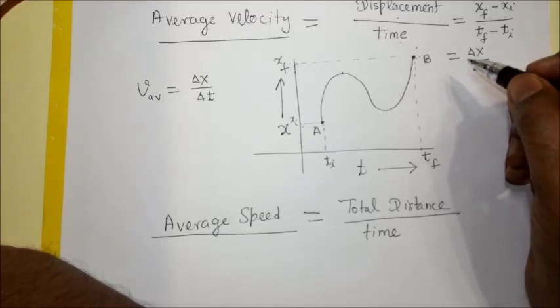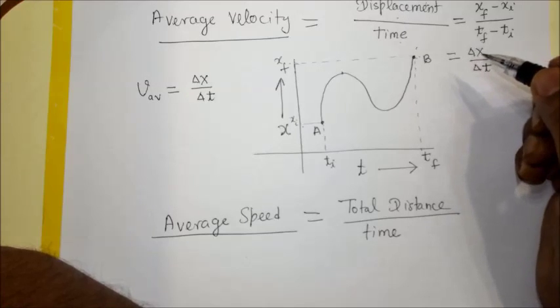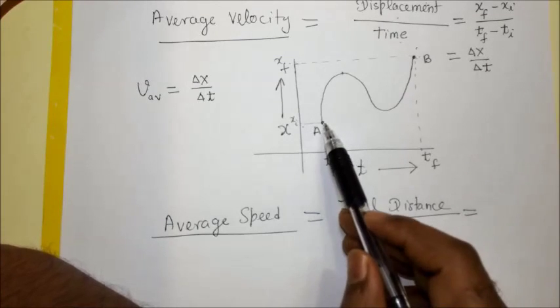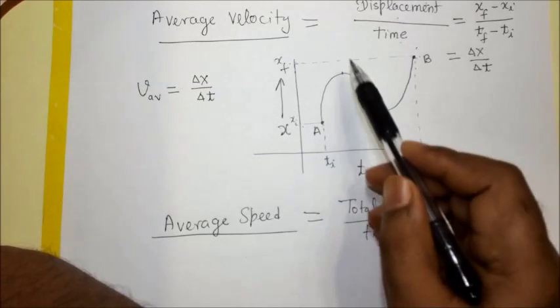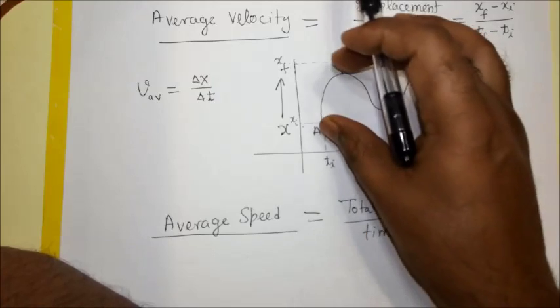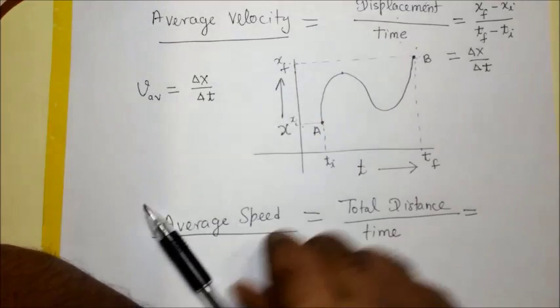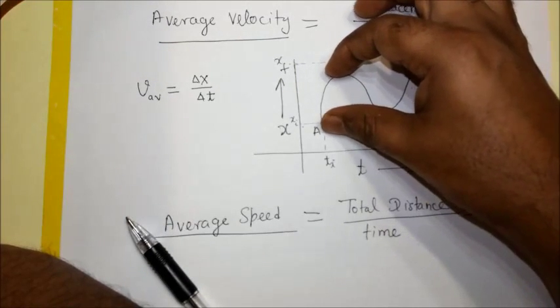So what happens here? How to find total distance? Suppose in this path from here to here he is moving forward. How much forward does he move? This much.